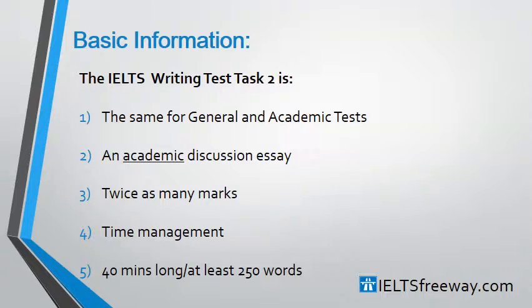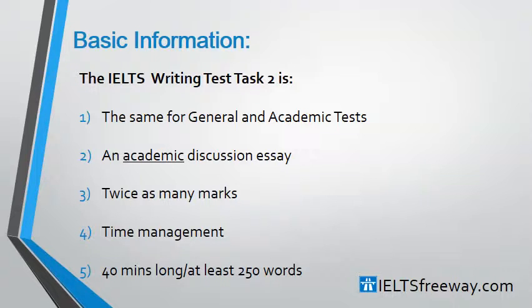In task 1 you need to write 150 words. In task 2 you have to write at least 250 words. You must write at least 250. If you write less, you will lose marks.